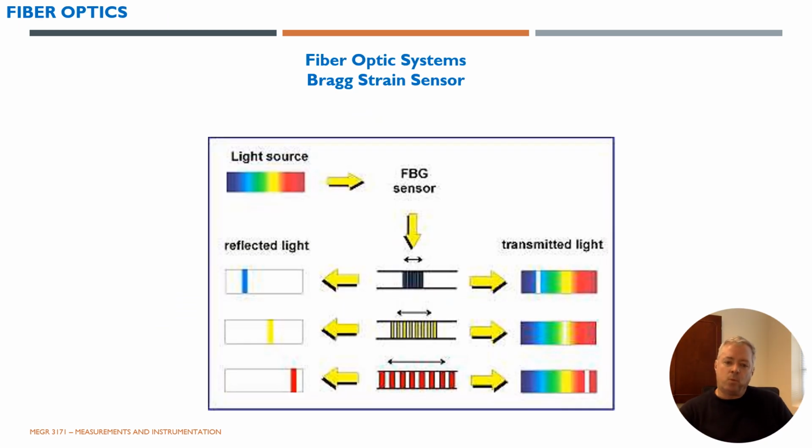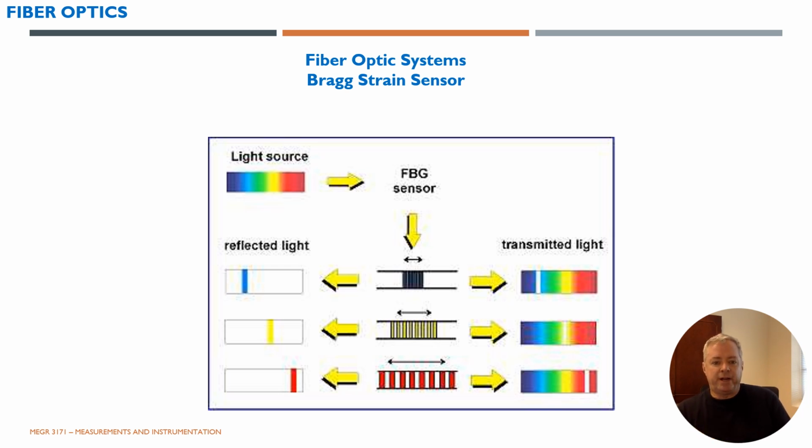Now, we talked about the wavelength changing. I think this is not exactly how it works, but it's kind of an obvious example. Part of the light goes through the sensor, and part of the light gets reflected. And so I think in the top example there, let's say you have a white light source that has everything, and in its natural state, blue gets reflected, and you see the blue missing in the transmitted light.